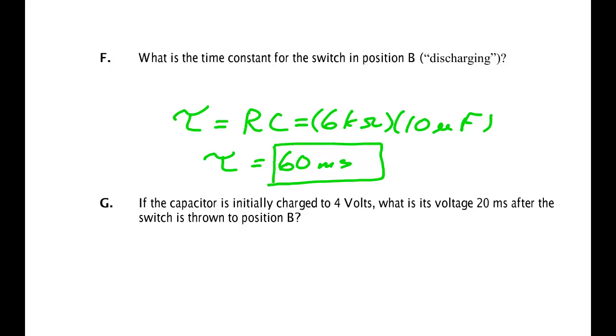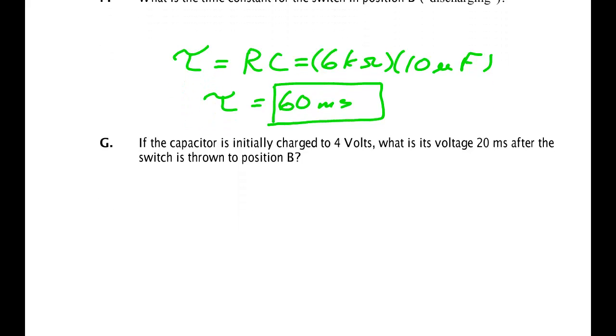Now they ask another question. They say if the capacitor originally had 4 volts, what is its voltage 20 milliseconds after the switch is thrown to position B and it starts discharging? Well, again, this is one where you've got to know this voltage formula. So the voltage in the capacitor is equal to V max, but this time it's just e to the minus t over tau.